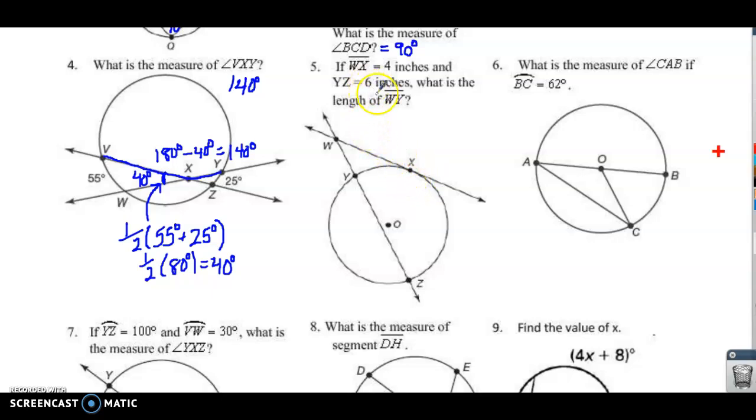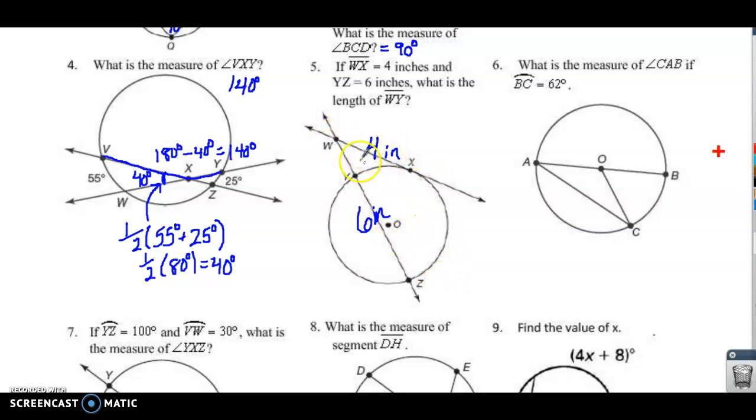If segment WX is 4 inches, so we've got 4 inches here, and we know that YZ here is 6 inches. Well, what is the length of WY? Well, we can use one of our segment theorems that we have with circles.